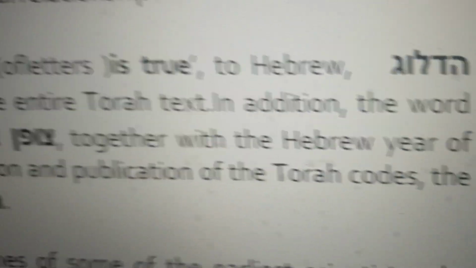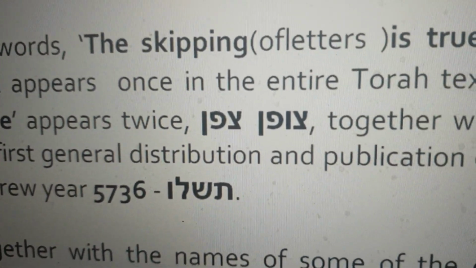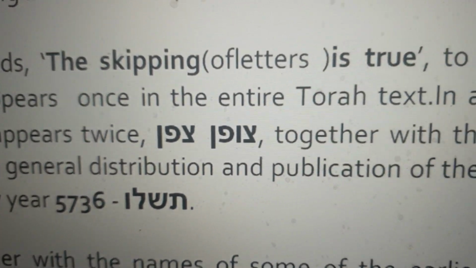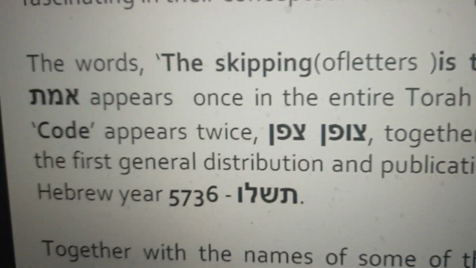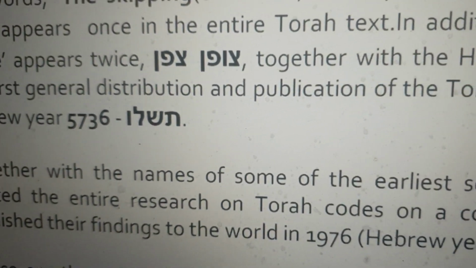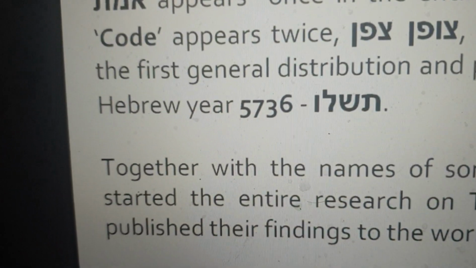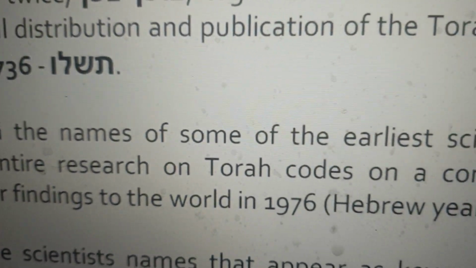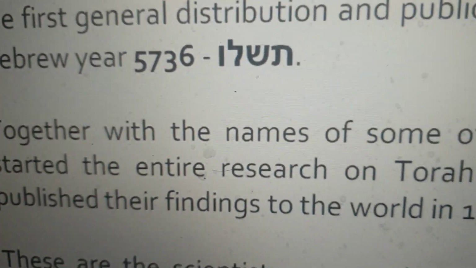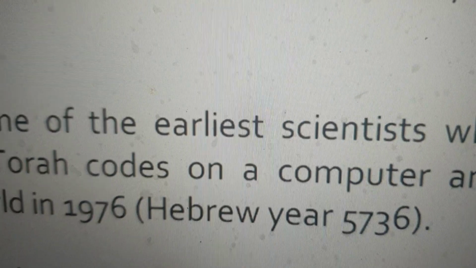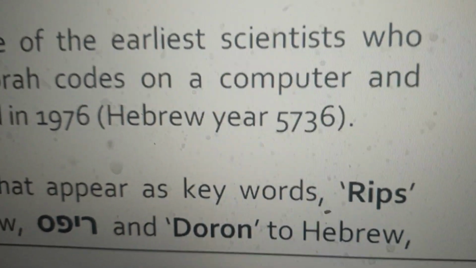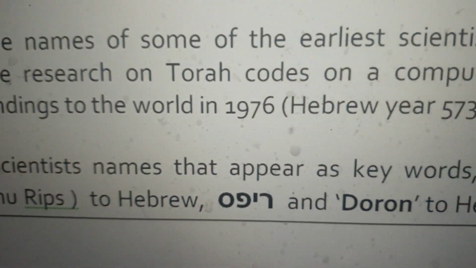In addition, the word code appears twice, often together with the Hebrew year of the first general distribution and publication of the Torah codes, 5736, which is 1976, together with the names of some of the earliest scientists who started the entire research on Torah codes, Rips and Witztum, on a computer, and published their findings to the world in 1976. There are scientists' names that appear as keywords: Professor Eliyahu Rips, in Hebrew, and Doron, in Hebrew.